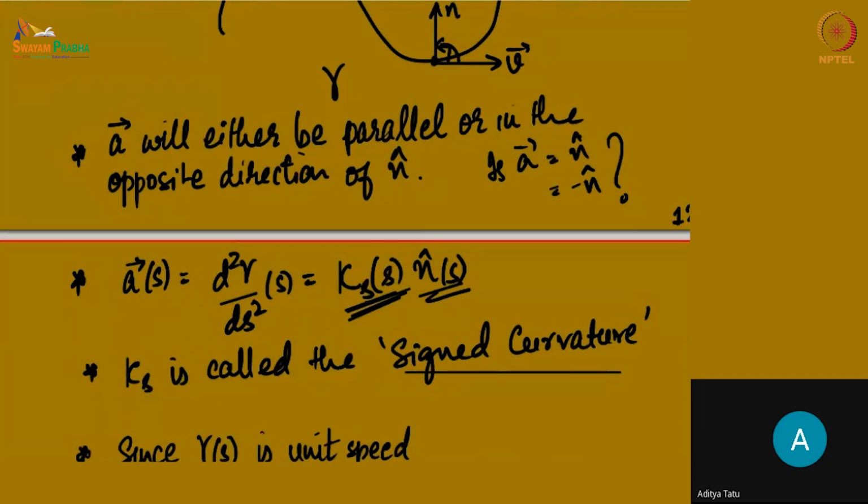And the magnitude of the acceleration vector is something we had already defined as the curvature. So whatever is the magnitude of this, it has to come from curvature. The only difference is now, apart from that magnitude, there is also a sign to it. So taken together, this number kappa s at a particular point is what is called the signed curvature.